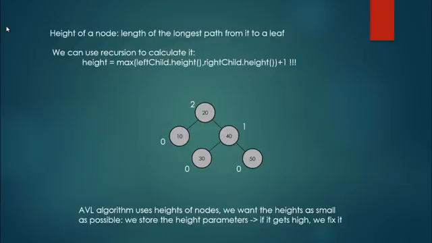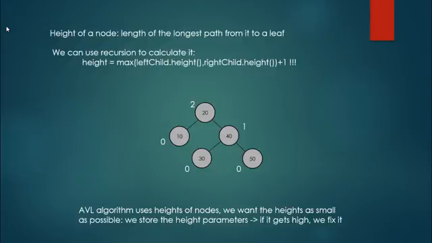So when implementing this algorithm, we are going to have a class for each node. And in this node, we will have a private field variable, height, which is going to represent these height numbers. And I said earlier that we have to make rotations when the difference between the height of the right child and the height of the left child is greater than 1, I mean the absolute value of this.